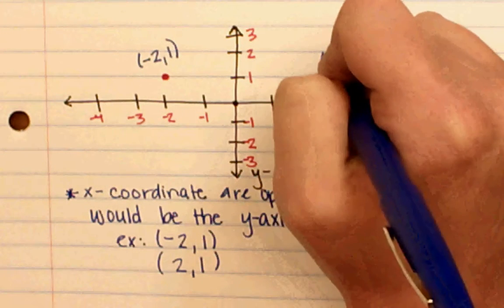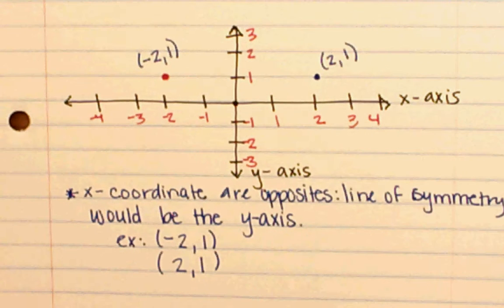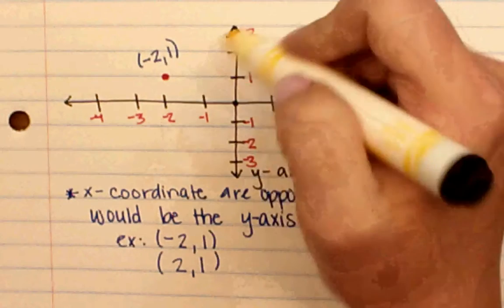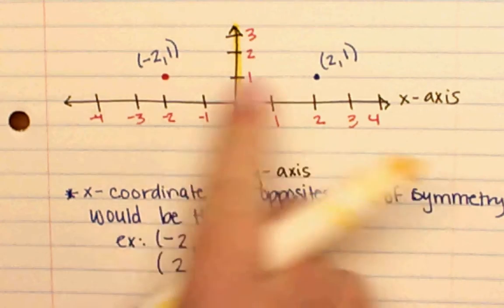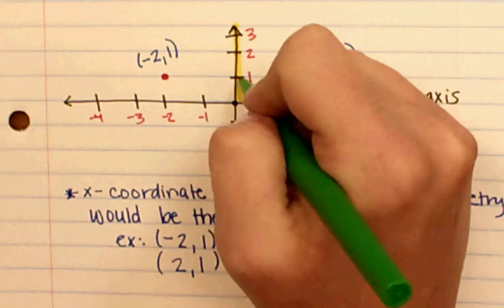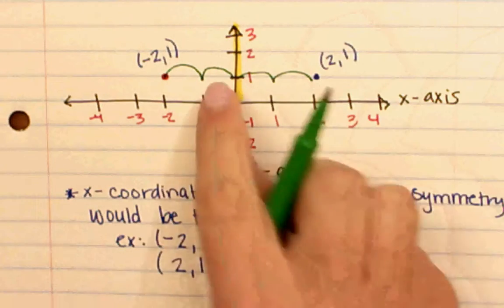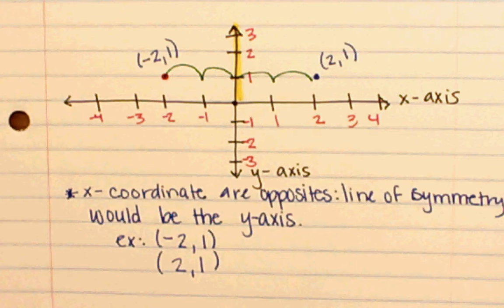We have our new point. Let me get a highlighter to show you. The y-axis right here is what splits these two. The points are the same distance from the y-axis, 2 spaces this way, 2 spaces this way. That is why you know that it's symmetrical.